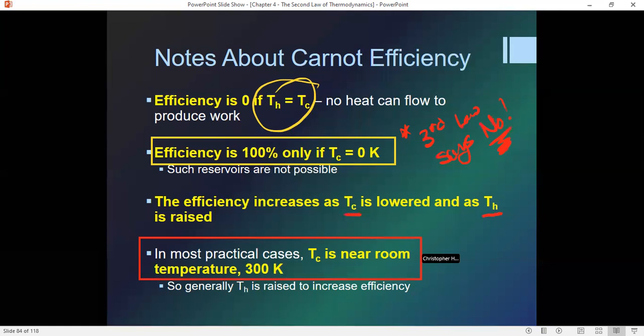This always brings up the question, hey, does that mean when it's colder out that the engine is more efficient because we're dumping heat into a colder environment? Well, you might think that that's the case, that lowering Tc is going to have that effect. In fact, it doesn't work that way.